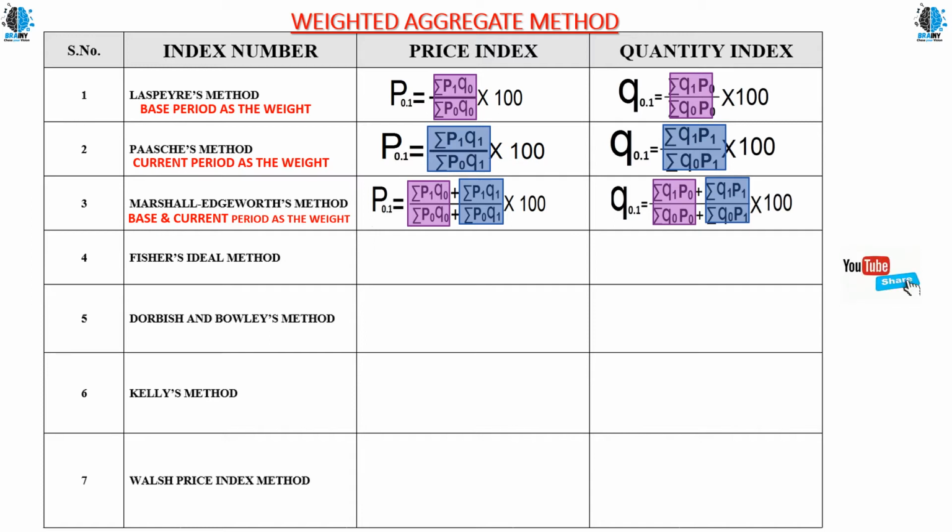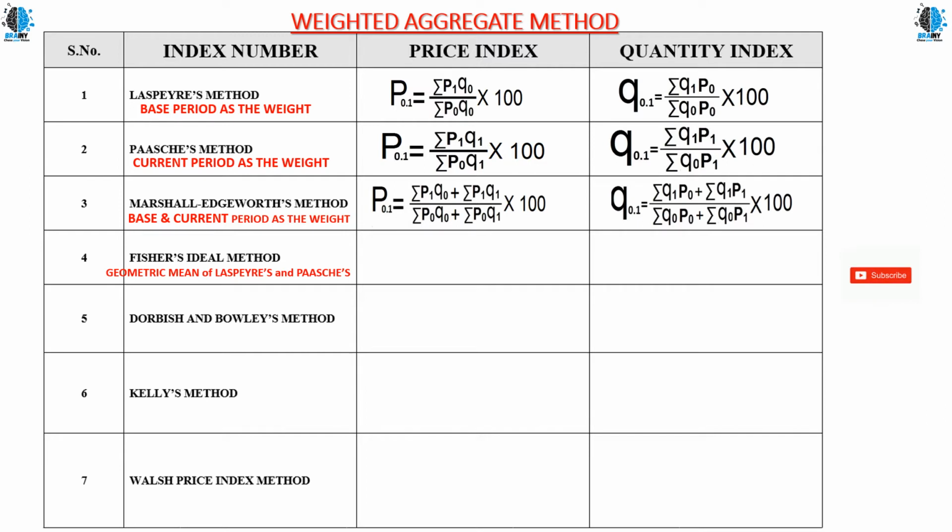Next I have Fisher's ideal method. Here the author is going to take the geometric mean of Laspeyres and Paasche. It means that the author is going to take the square root of Laspeyres and Paasche method. Where are we having Laspeyres and Paasche? In Marshall Edgeworth we have, right?